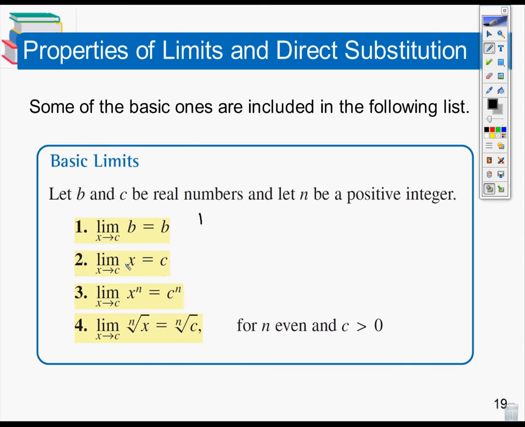If I have the limit of x raised to a specific power as x approaches c, it'll just be that c value raised to the power, and the limit of a function within a square root or some sort of nth root as x approaches c will be the nth root of that c value. And these will be a lot clearer when we see them with examples. I know that looking at the symbols doesn't really make the connection very strong for you at this point.